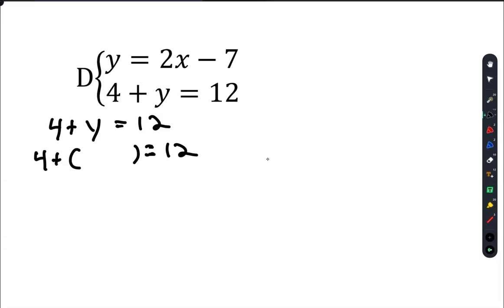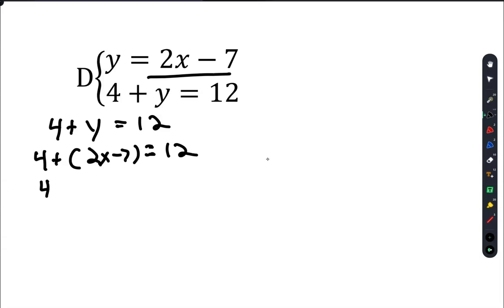All right, and I am going to plug in the 2x minus 7 right here, because that's what y is. I'm going to substitute. So I got 2x minus 7. Okay.